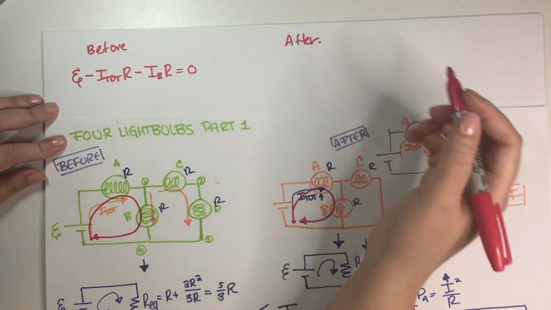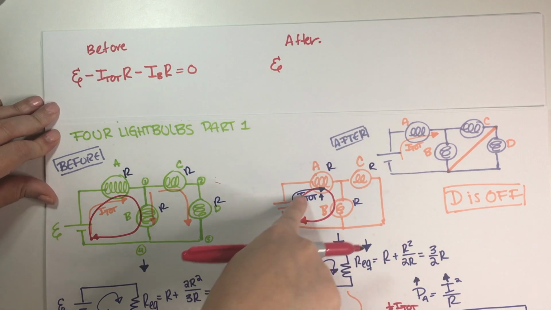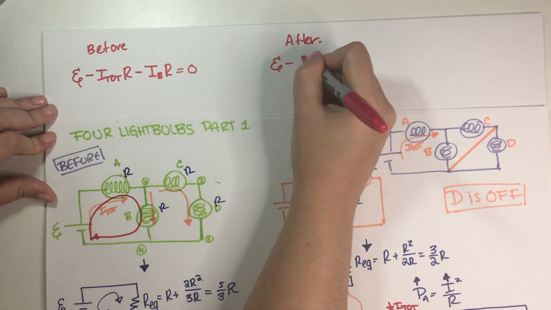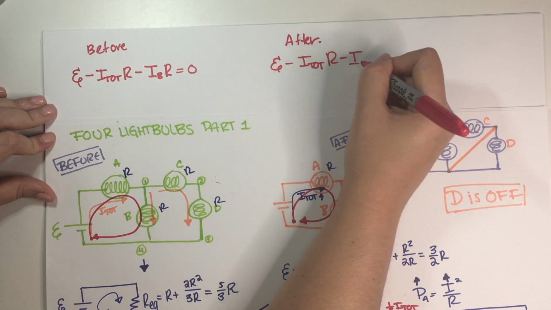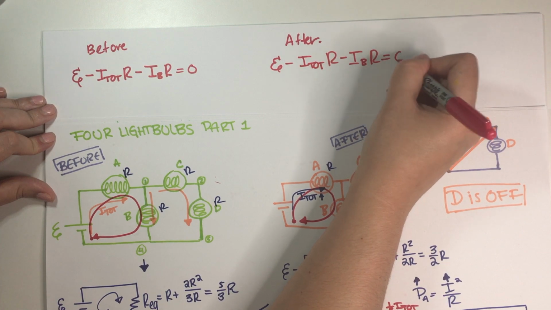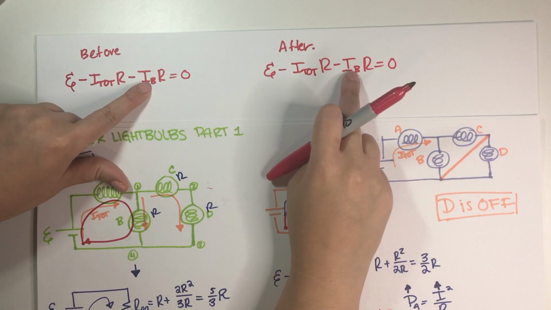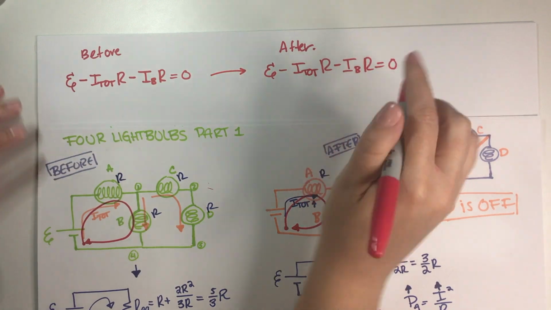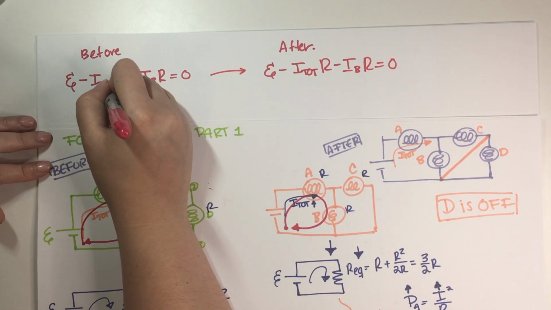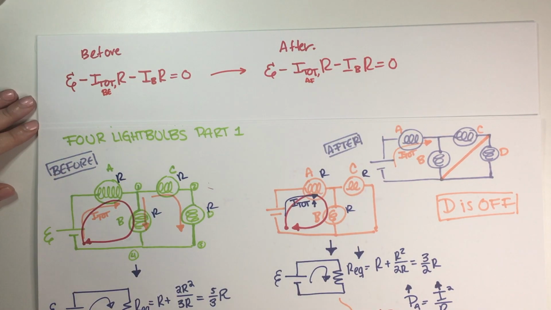Now the after would be basically the same, because I'm looping around like this, negative I total R minus IB R is equal to 0. Now if I compare them both, I basically want to know if this term went up or down going from before to after. So obviously this is the total before scenario and this is the total after, so they are different. So I just basically need to figure out what's going on with these ones.